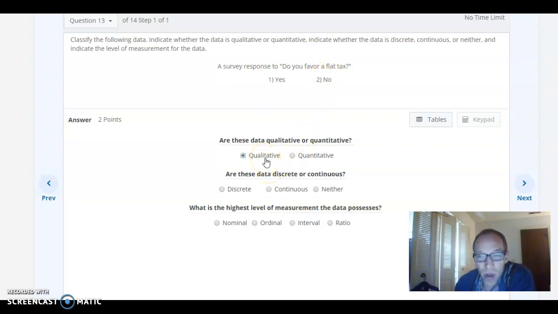Or ordinal would be a ranking, like in a race, first, second, third, fourth, fifth. Either one of those would be qualitative. As soon as we hit that, we're going to say that it's neither discrete nor continuous. Qualitative is going to be neither of those. And here's where we choose. So qualitative is these two, quantitative is these. In this particular case, we just have two possible outcomes, two categories, so this would be nominal.